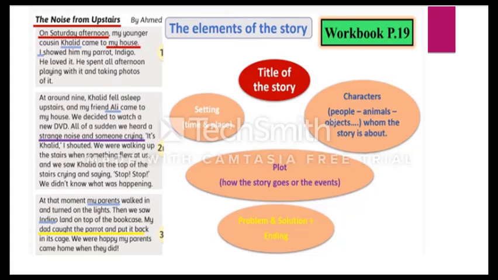At that moment, my parents walked in and turned on the lights. Then we saw Indigo land on top of the bookcase. My dad caught the parrot and put it back in its cage. We were happy my parents came home when they did.